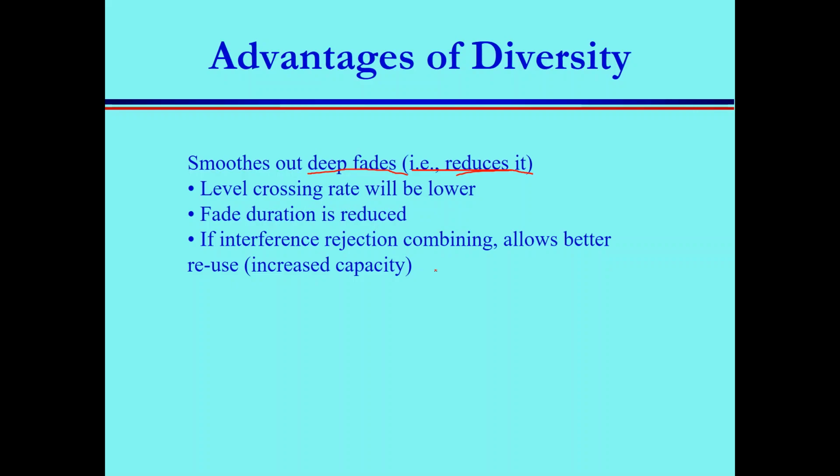Your extreme case is, for example, when you have 200, 500 antennas, with the probability of experiencing all of them redundant and substituting each other, which means that you have lower probability of being in deep fade. Interference rejection combining allows for better reuse actually, and therefore increases the capacity of your channel when you have a really robust channel which is not affected by the fading in your signal.